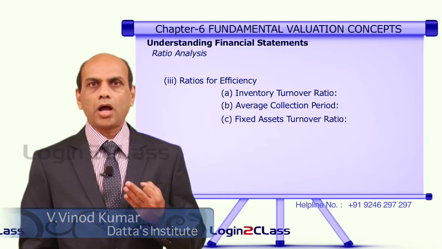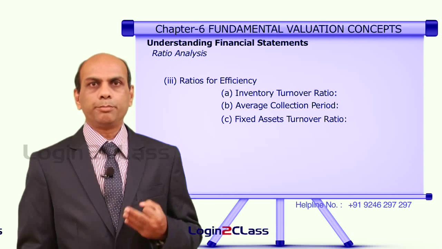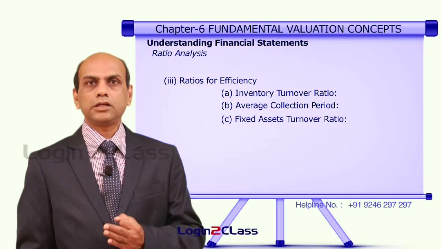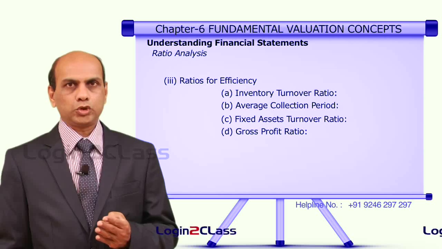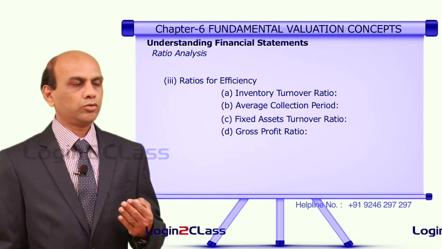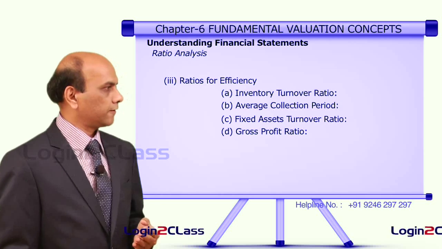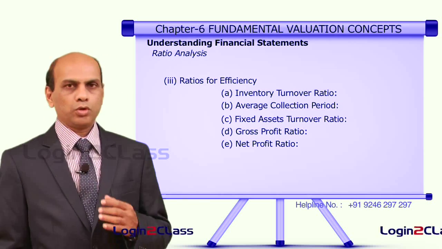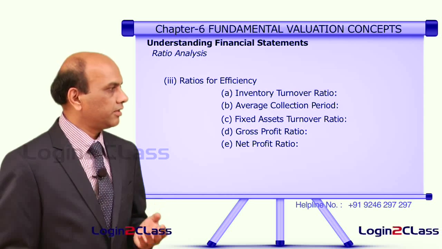This indicates how the company is able to make better returns or better turnover, better sales with the existing fixed assets. Fourth, gross profit ratio. How is the profit compared to the other assets or sales they have done? Net profit ratio. What is the exact profit they are able to make out of the sales they have done?